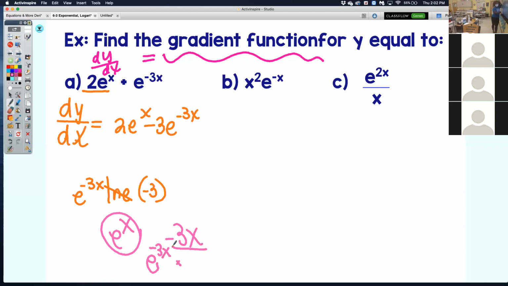Essentially that's what you're doing when you apply that last rule. It's just a tad bit shorter. So you can use chain rule for this because it's a function within another function. Like if I do the composite of e to the x and negative 3x, I'll get that function.